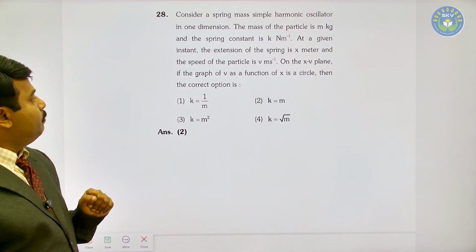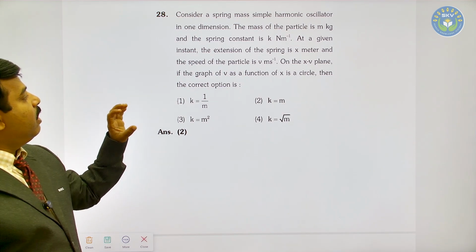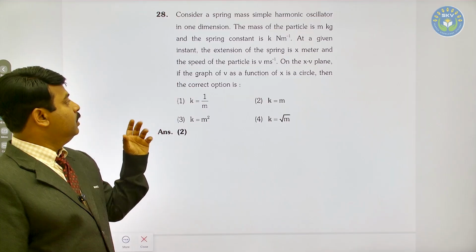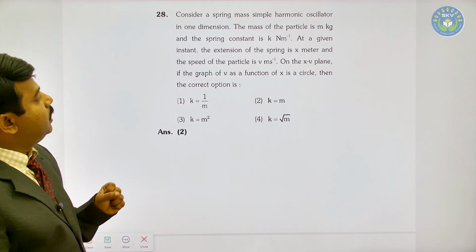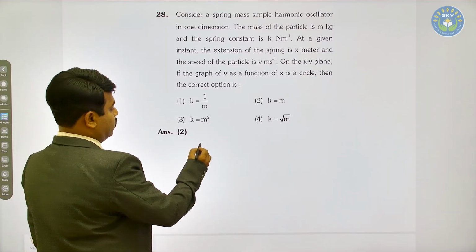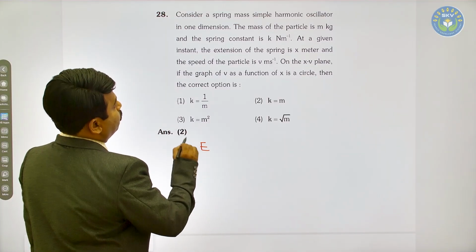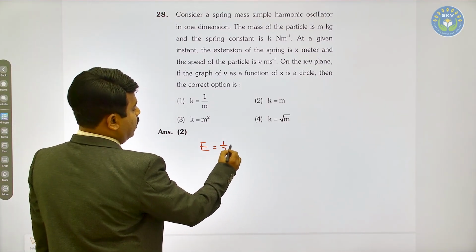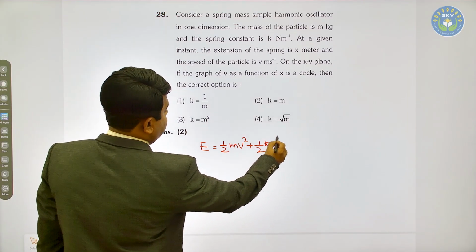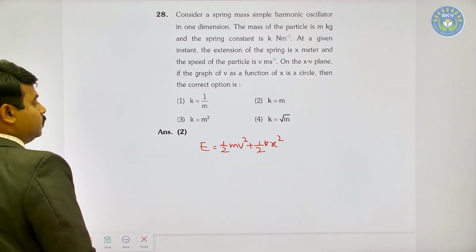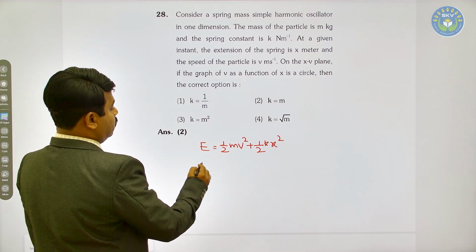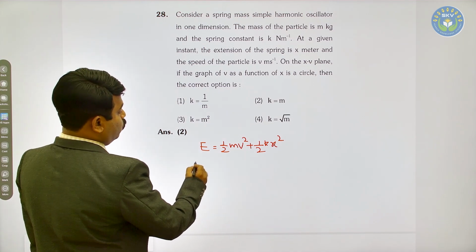On the xv plane, if the graph of v as a function of x is given as a circle, then the correct option is, see, from energy conservation in a simple harmonic motion, total kinetic energy plus total potential energy is a constant, right?